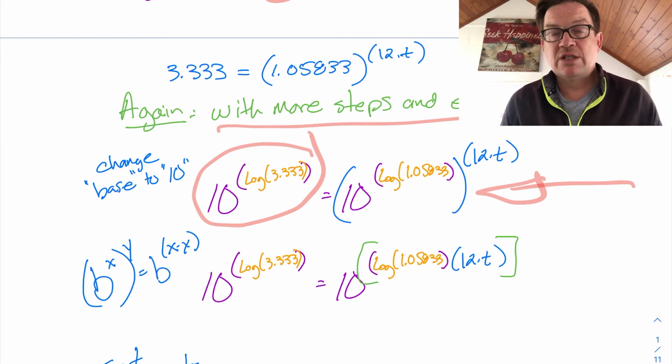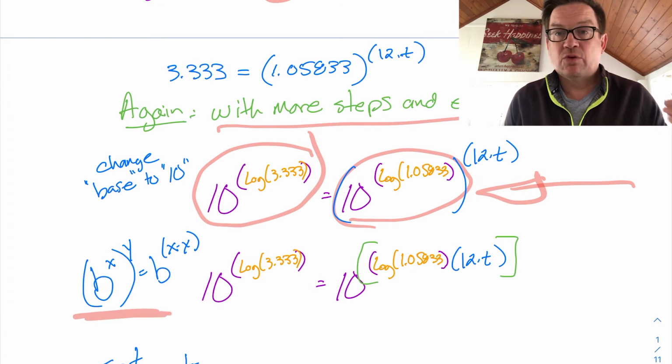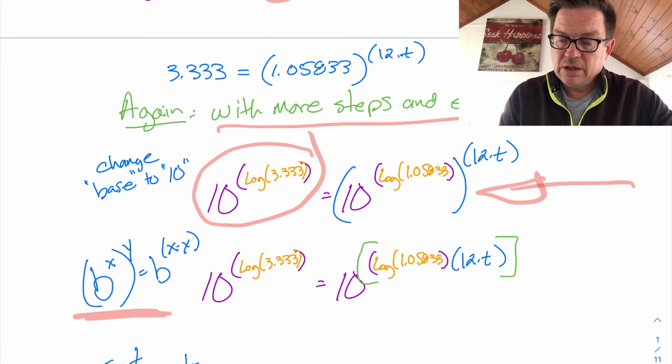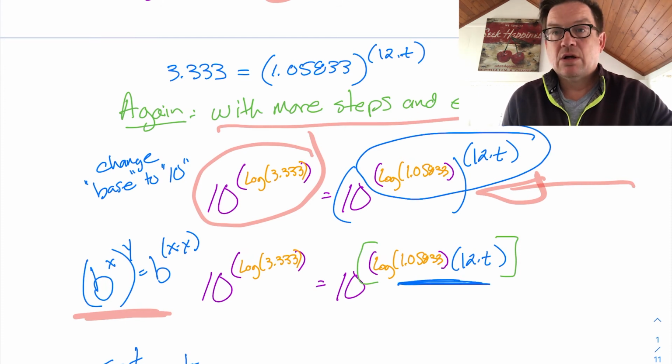So we just rearranged it so it's log base 10, and the same thing on the other side. Then you can use rules for exponents: if you raise a power to a power, you multiply those powers. This changes the complicated exponent, a power to a power, into a product, log of that times 12t.